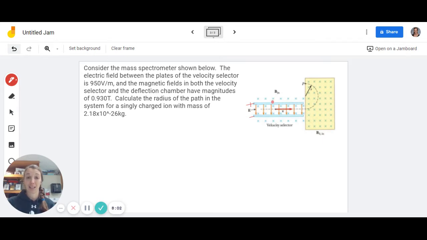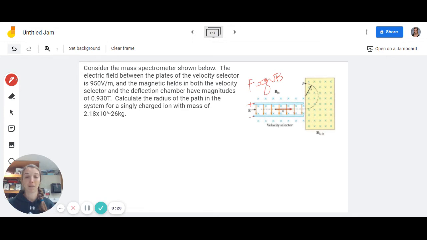So the first piece is separating out the particles by their speed. So we know that the magnetic field is going to put a force on the particles. This magnetic field is going to be putting a force on the particles by QVB sine theta, but theta is going to be 90 degrees.